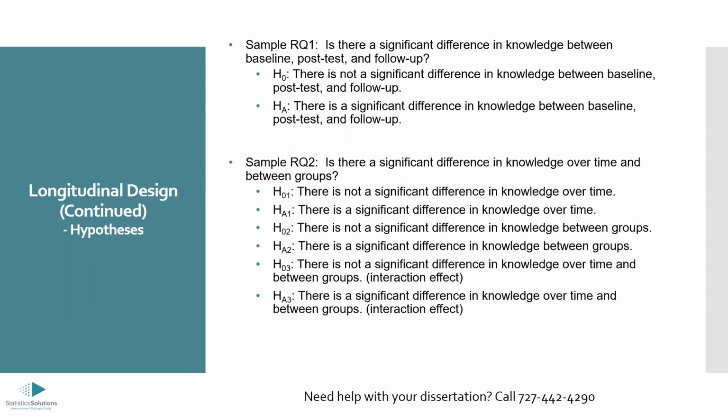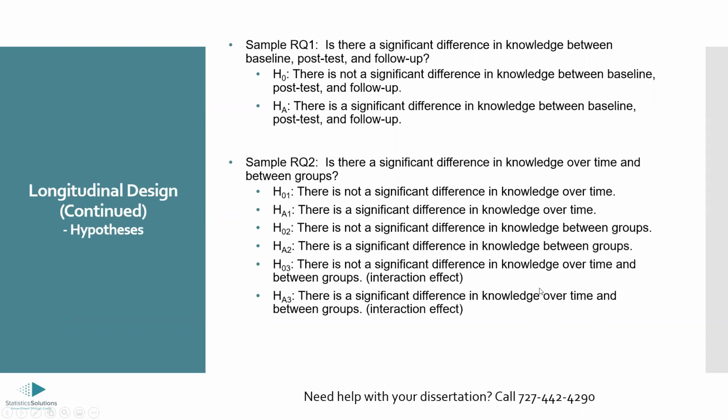So we have 3 things to look at. We need to see, are there differences over time, regardless of what group the people are in? Are there differences between the groups, regardless of what time the data is being collected? So essentially, are there differences between treatment and control?